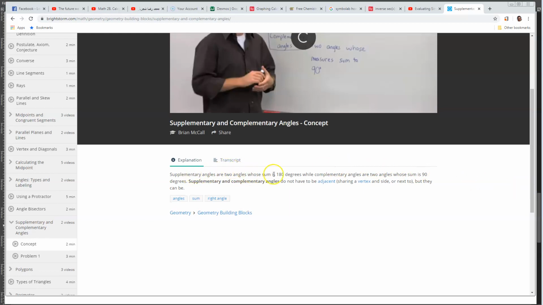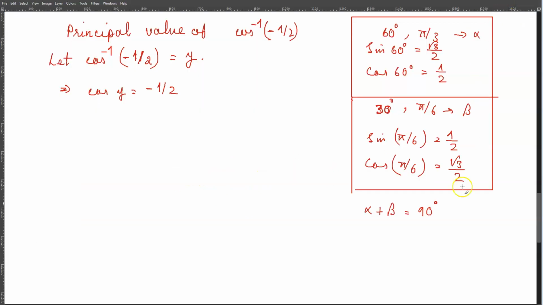But when the sum of two angles is 180 degrees, you call them supplementary. When the sum of those two angles is 90 degrees, you call them complementary. Which means that the angles are complementary angles.